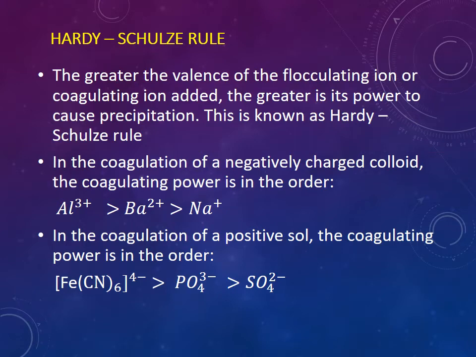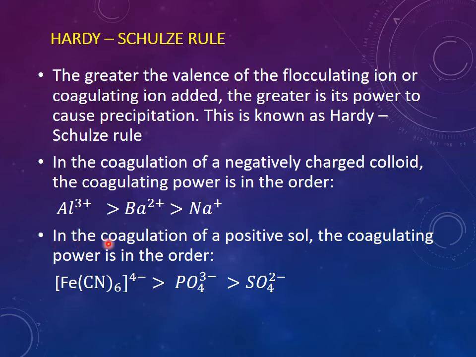But in the case of sodium chloride, the charge of sodium is only plus 1. So the neutralization of the negatively charged colloid is slow. So the precipitating power of Na+ is less. So according to the Hardy-Schulze rule, the greater the charge of the coagulating ion, the greater will be its power of precipitation.